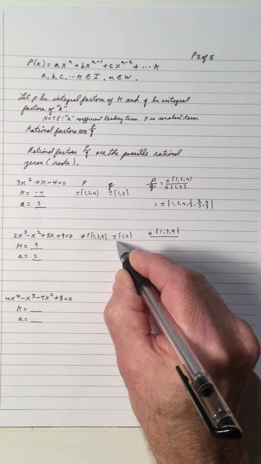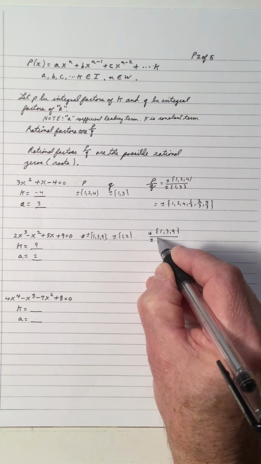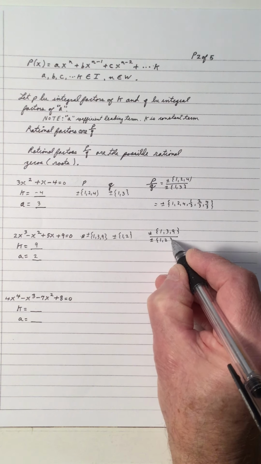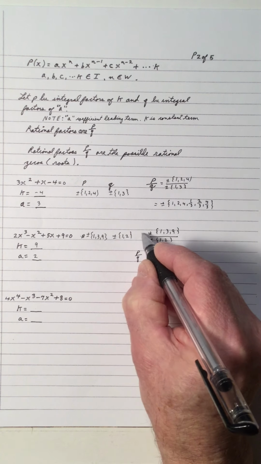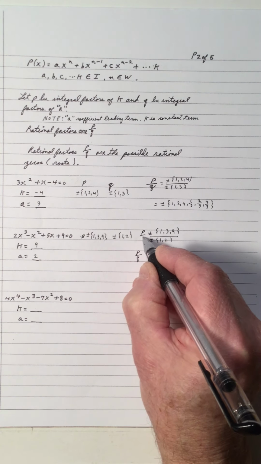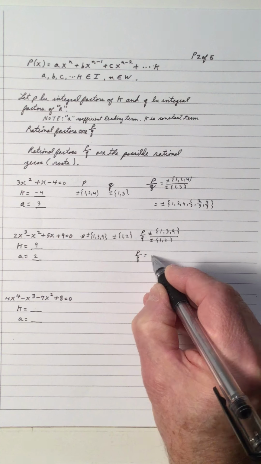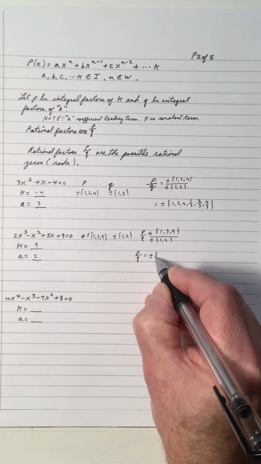The factors of q are 1 and 2. So when we do p divided by q, with p on top and q on the bottom, we will get plus minus, and here we go.